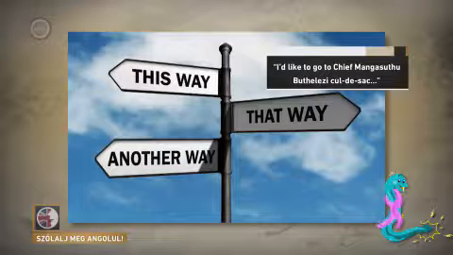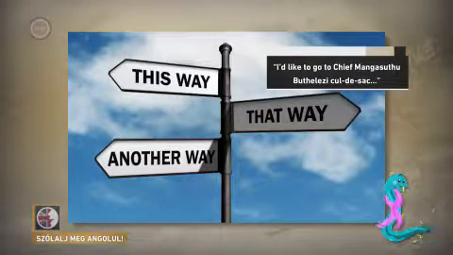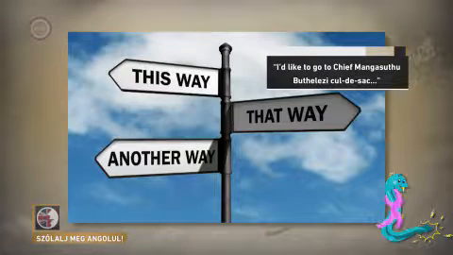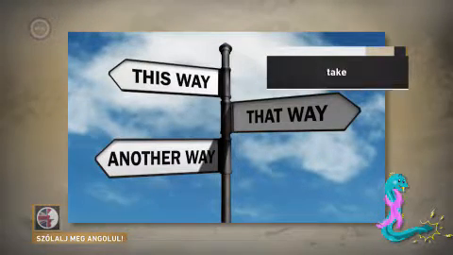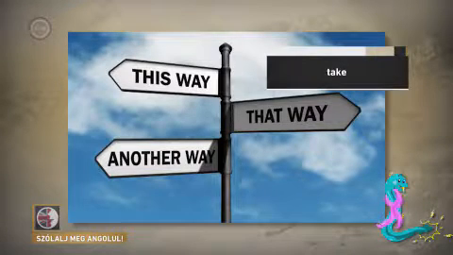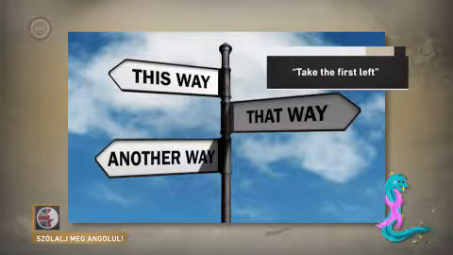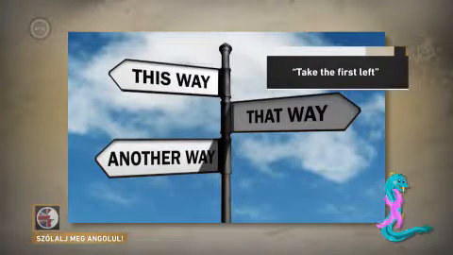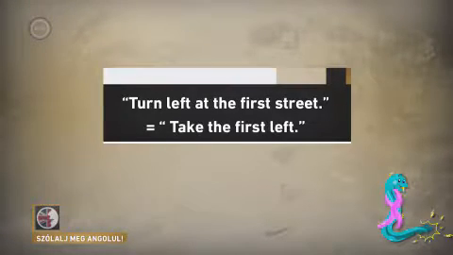Now, when the person replies, it's likely that there's one word they'll use a lot. When British people give directions, they love to use the verb take. They won't say turn left at the first street, but they'll say take the first left. The two sentences mean exactly the same, but the British always use the word take when they give directions.